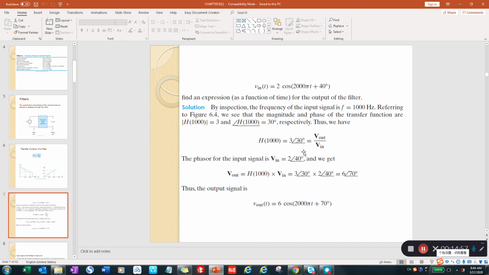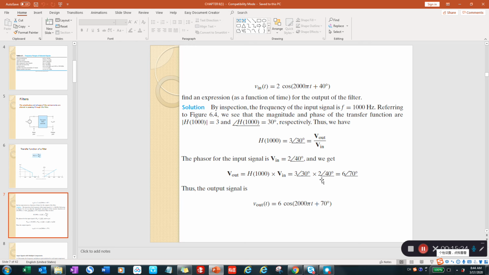And we know that the transfer function equals V out divided by V in. If we know V in equals 2∠40, then the output signal will be equal to the transfer function multiplied by the input, which is 6∠70. The amplitude is 6 and the phase angle is 70.